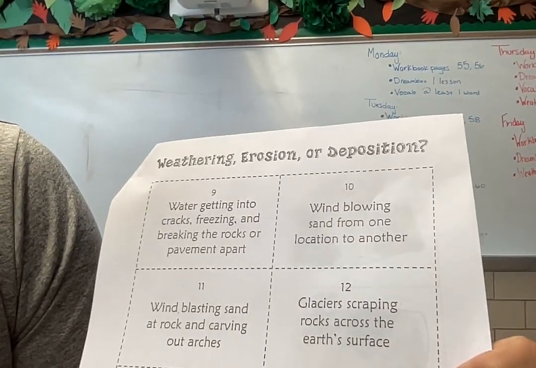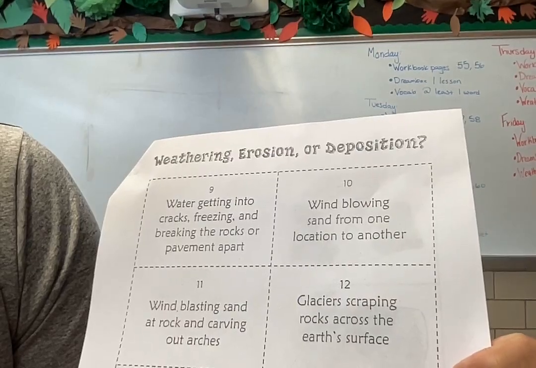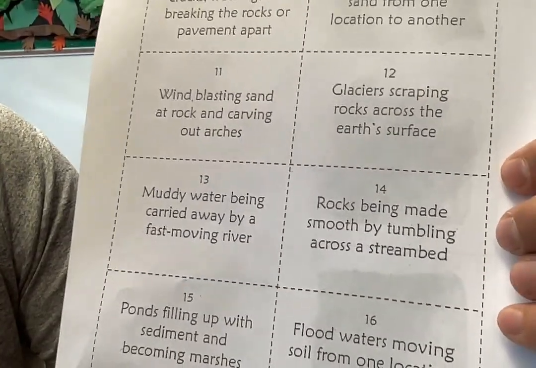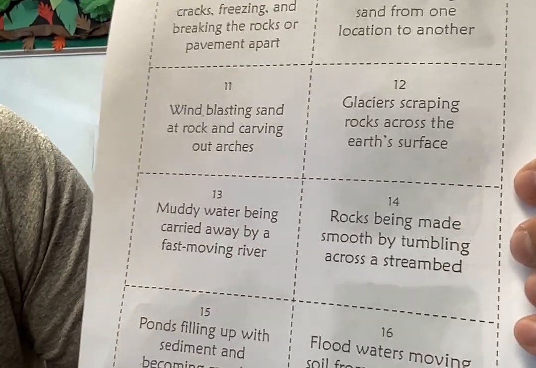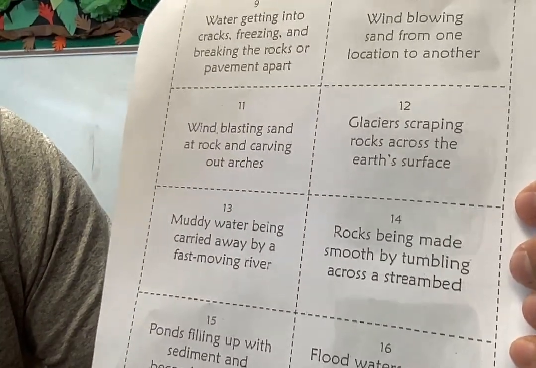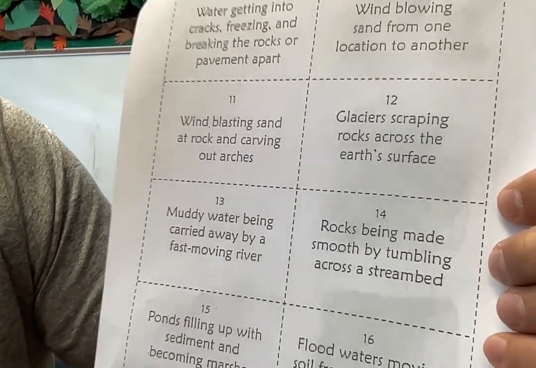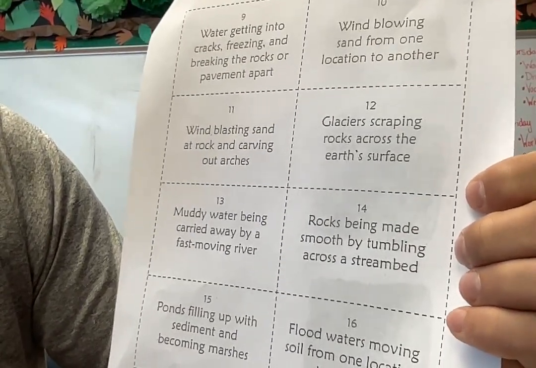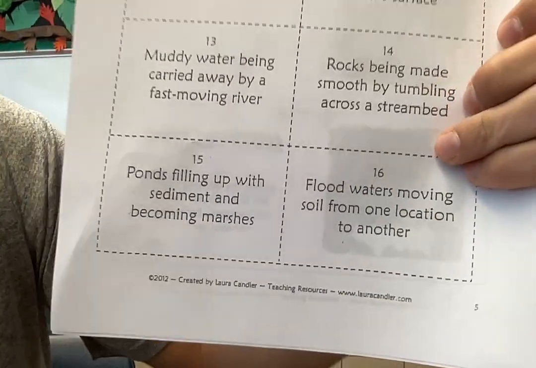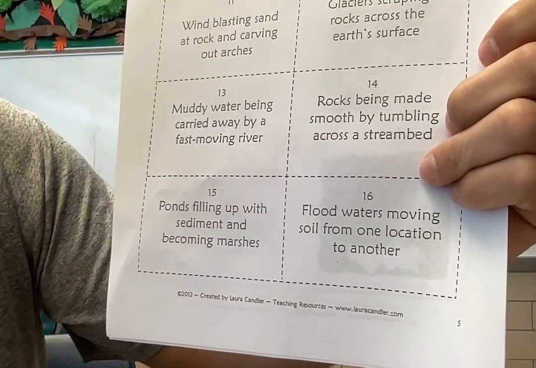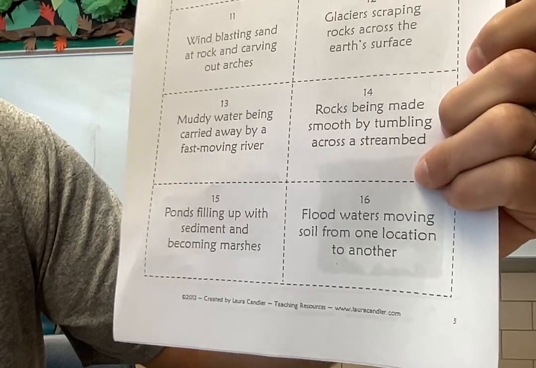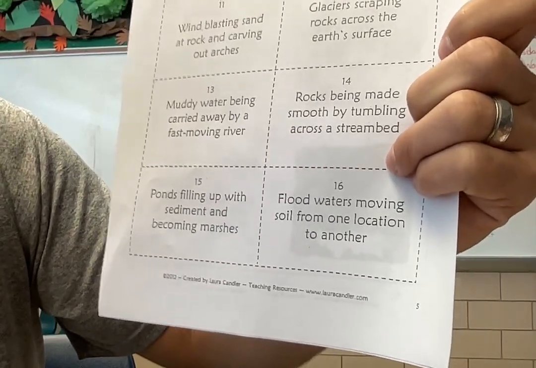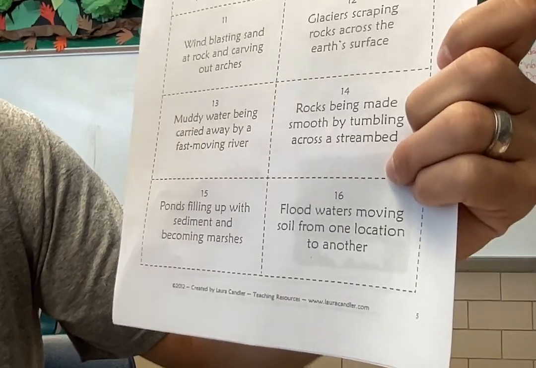Glaciers scraping rocks across the Earth's surface. 13. Muddy water being carried away by a fast-moving river. Number 14. Rocks being made smooth by tumbling across a stream bed. Number 15. Ponds filling up with sediment and becoming marshes. Number 16. Floodwaters moving soil from one location to another.